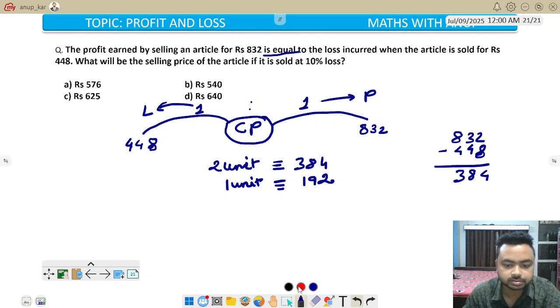So the cost price will be equivalent to, loss is 1 unit, so 192 is my loss.